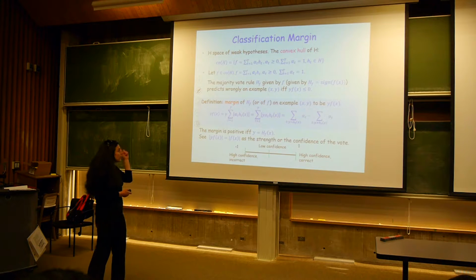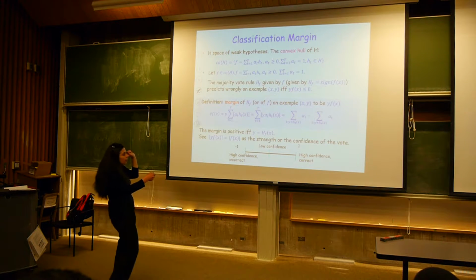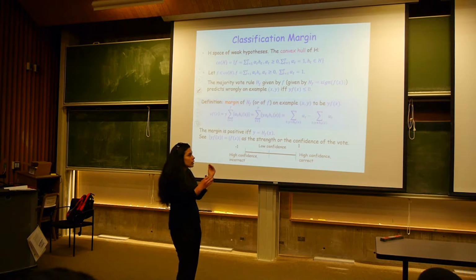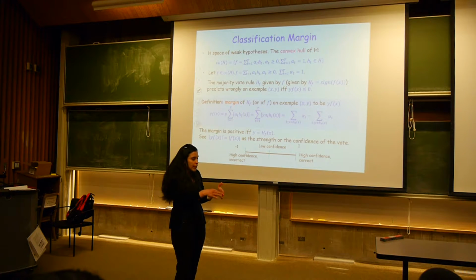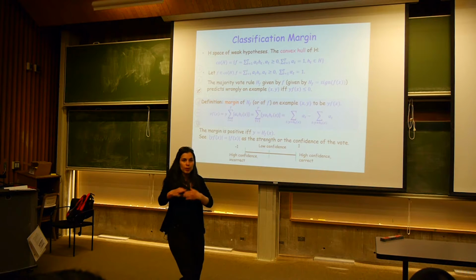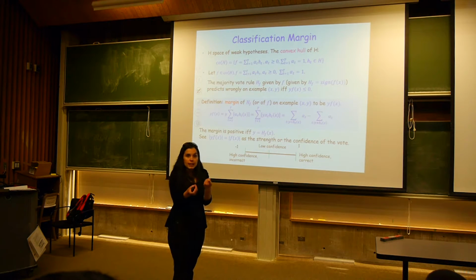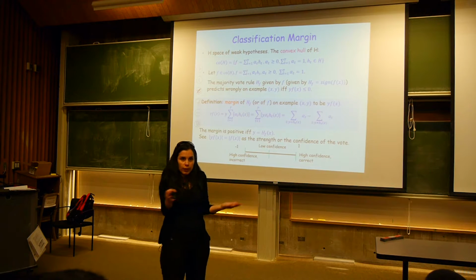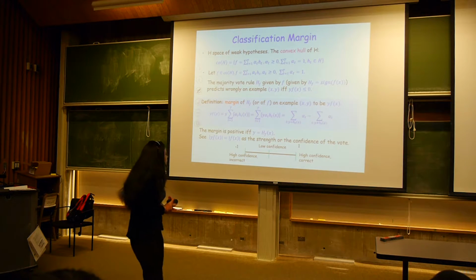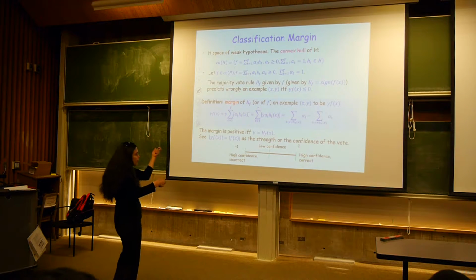And actually I will also do this after we normalize everything. Because it's a linear combination of weak learners, I can always renormalize things so that it's a convex combination, so the weights sum up to 1. This notion of margin is after this normalization.